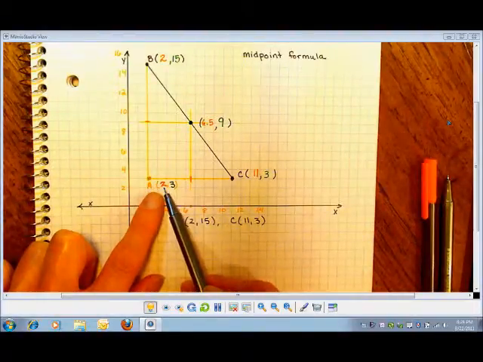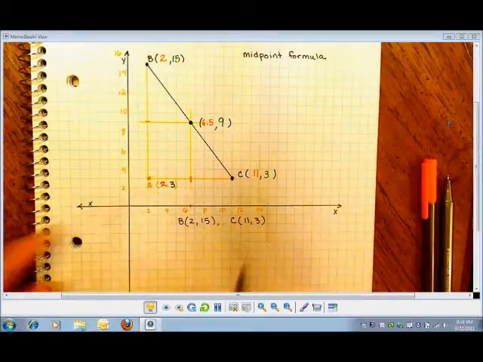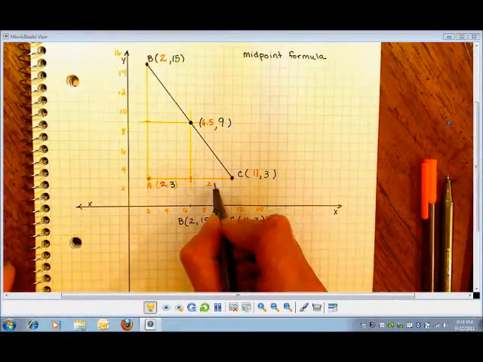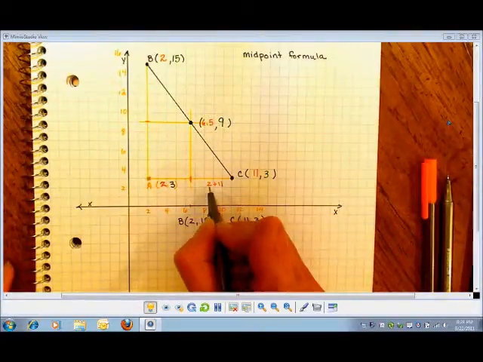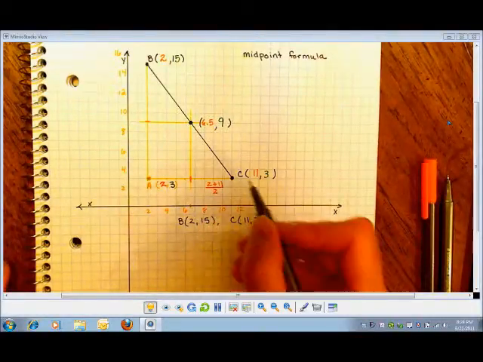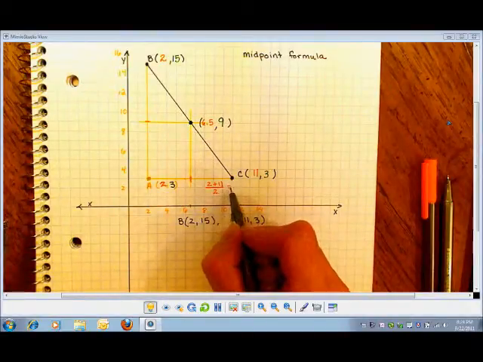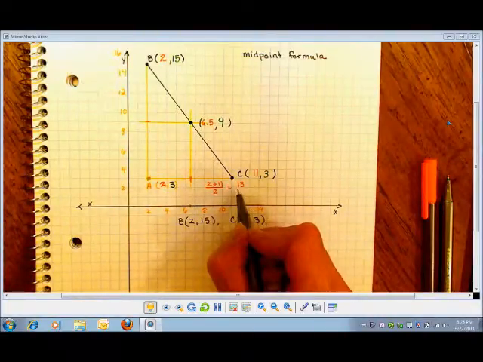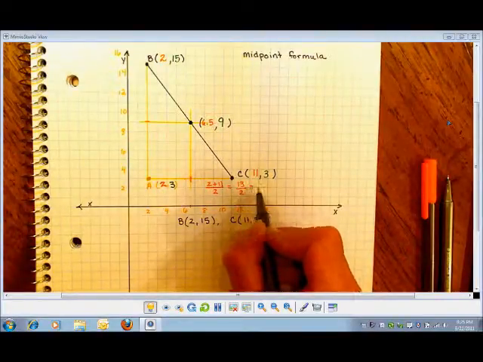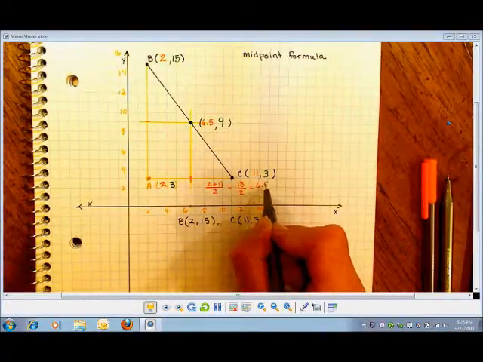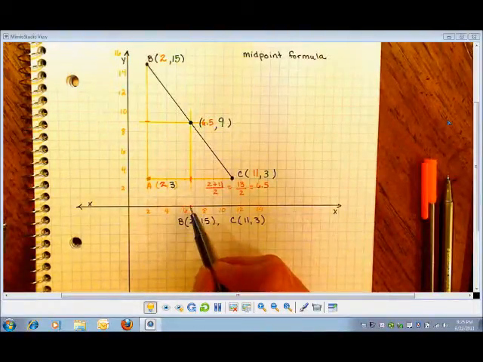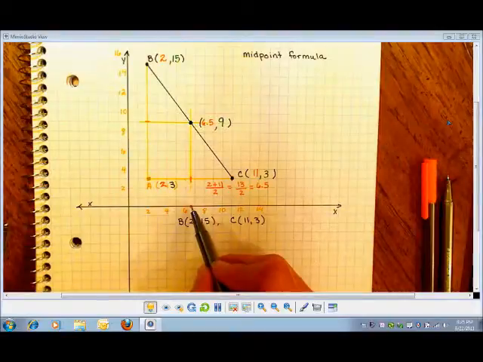If I take 2 plus 11 and take the average of that, that's going to give me 13 halves. 13 divided by 2 is 6.5. That number looks familiar. That's 6.5 right there.